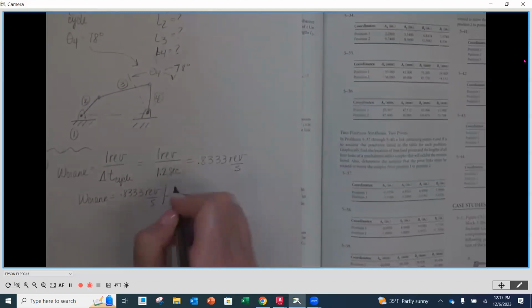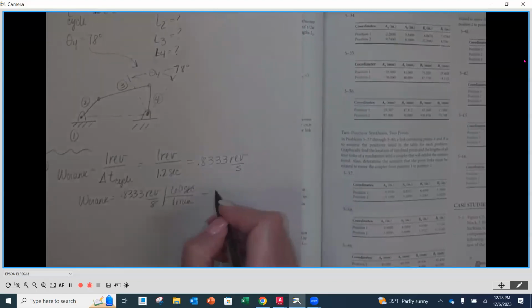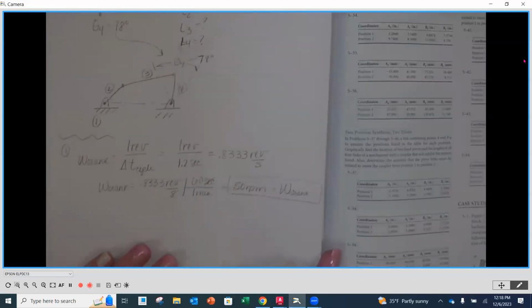So all we need to do is take 60 seconds, put that on top, 1 minute on the bottom, cancel each of those out. And RPM wise, this is going to be 50 RPMs. And that's going to be our W of our crank. So that's one of the answers that we need.